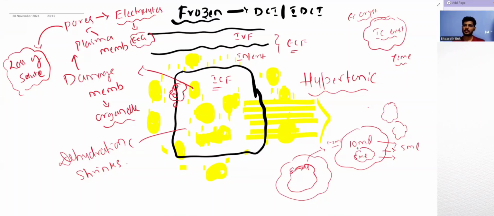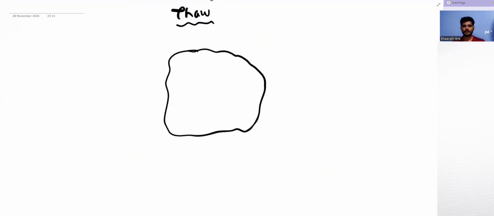And then in the second stage, you thaw it. So when the cell is rewarmed, what happens? Whatever extracellular ice crystal was there will now break down, and it will lead to the formation of a fluid.